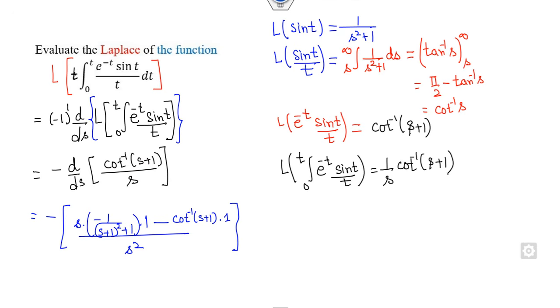What is the simplified form of this? It will be, adjusting the minus signs, s over s plus 1 whole square plus 1, plus cot inverse of s plus 1, divided by s square. So I can write 1 over s square as the right answer of the problem.